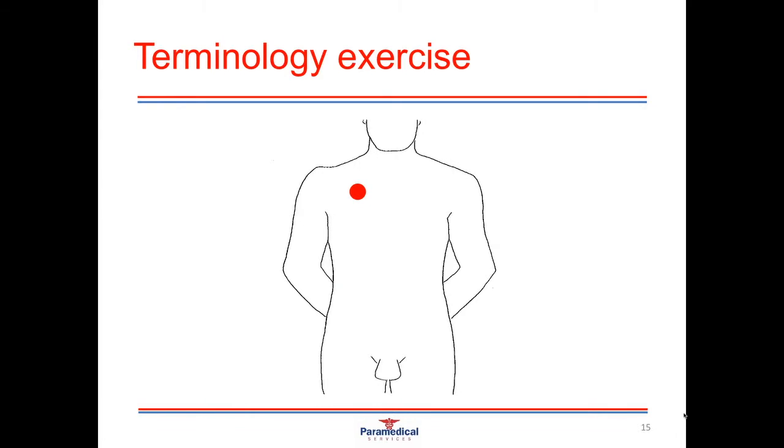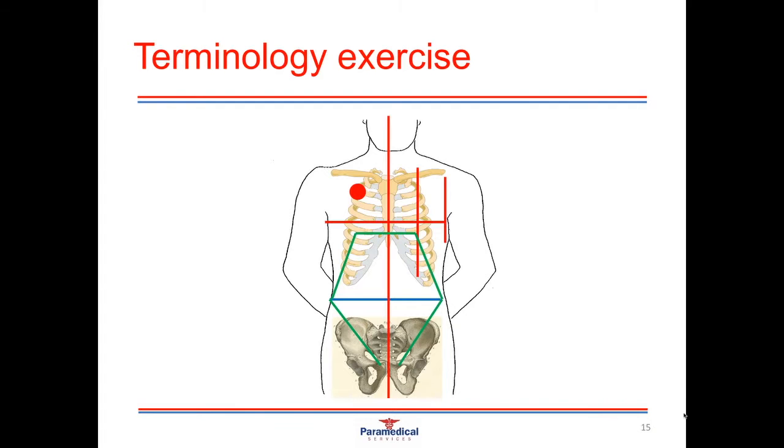There's our first location that we have to try and identify and explain. If we get our lines up to help us, this is going to make things a lot easier. First thing we want to know is, is this on the left or the right hand side of the chest? In this diagram, this location is on the right-hand side of the chest.